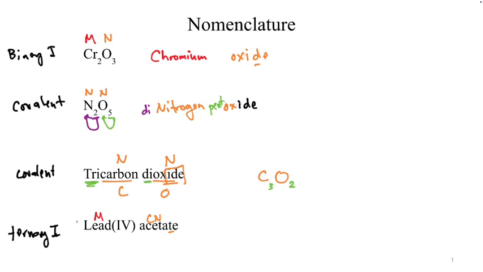Aluminum, which has what charge? +3. Zinc, +2. Cadmium, +2. Silver, +1. What charge do you think mercury would have if it had a charge? +2. Why do you think it should have a +2? In the same family, we would predict it to have a common charge of +2.